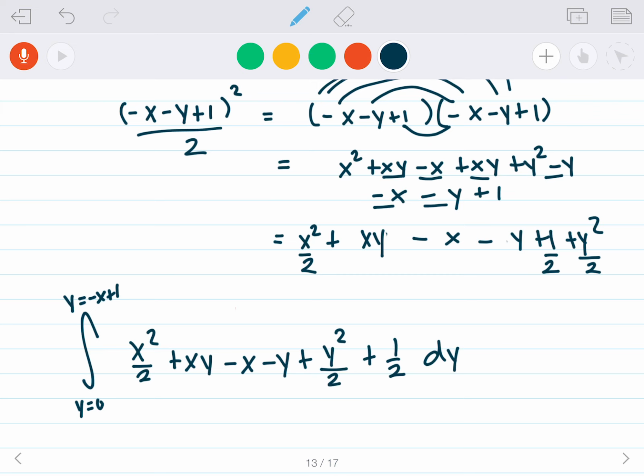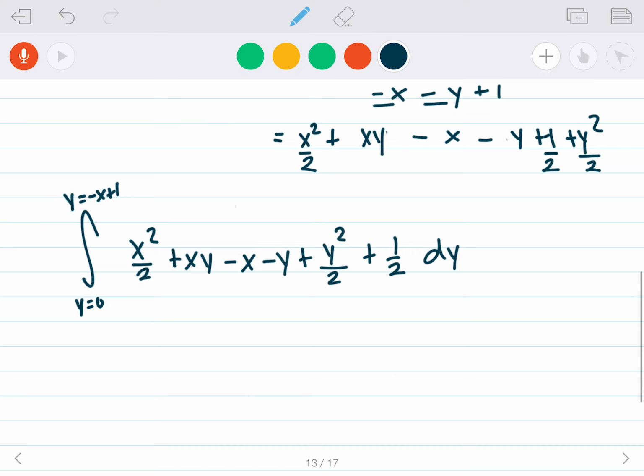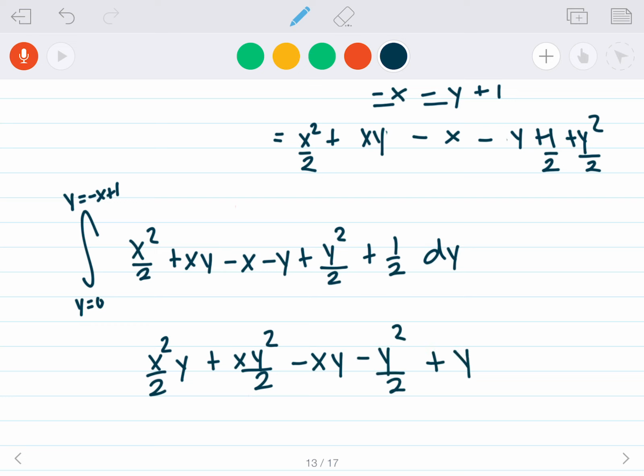Okay, so let's go ahead and integrate this with respect to y. So x is a constant, so this is going to be x squared over 2 times y plus xy squared over 2 minus xy minus y squared over 2 plus y cubed over 6 plus a half y.